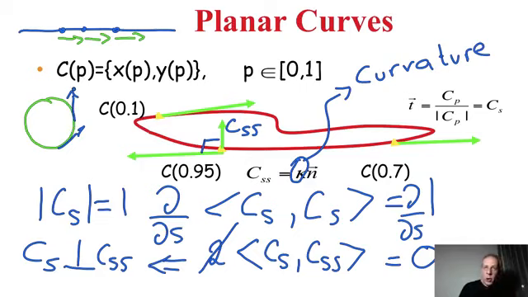So it has to be a constant curvature. And then it's not hard to prove that the curvature is 1 over the radius. Okay? So the curvature is 1 over the radius of the circle. The larger the circle, the less curvature it has.